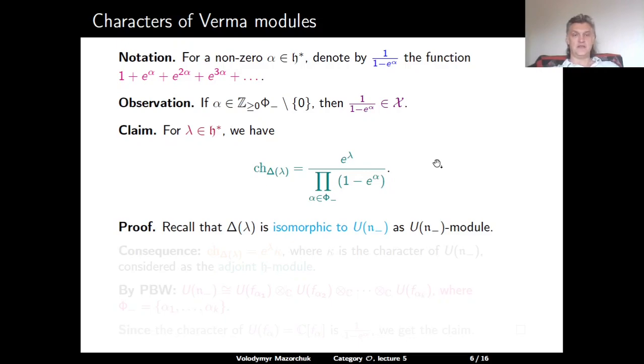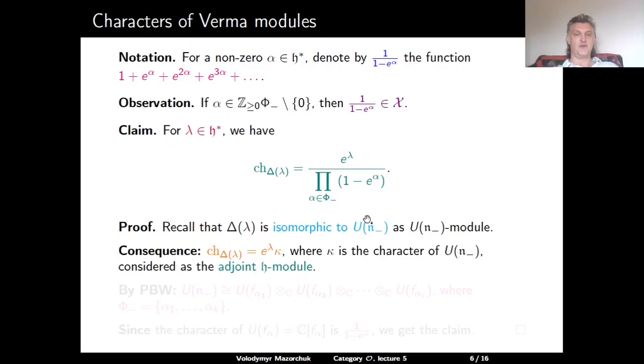In order to prove this, we recall that the Verma module delta of lambda is isomorphic to U(n minus) as a U(n minus) module. So therefore, the character of delta lambda is equal to the exponent of lambda times the character of U(n minus) when considered as the adjoint module over the Cartan subalgebra.